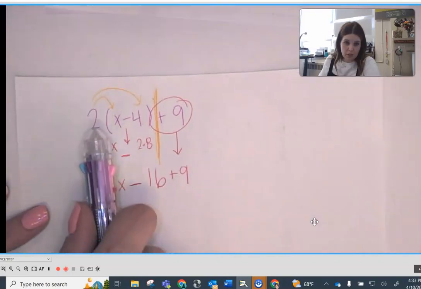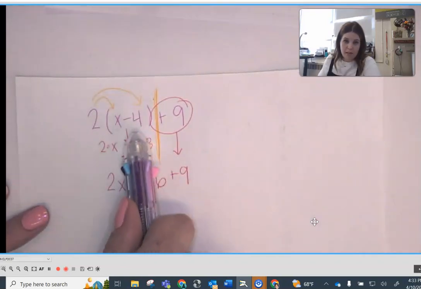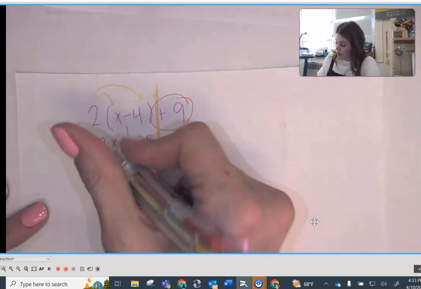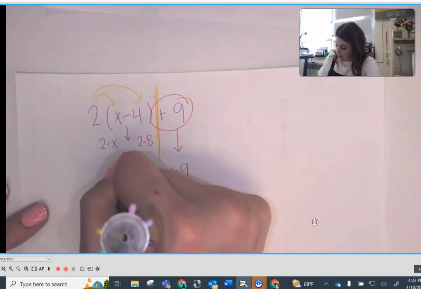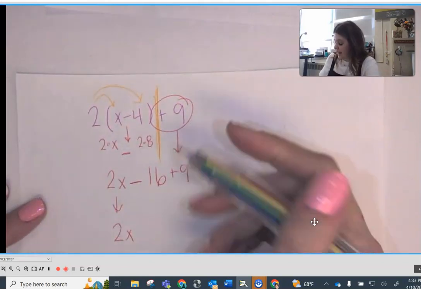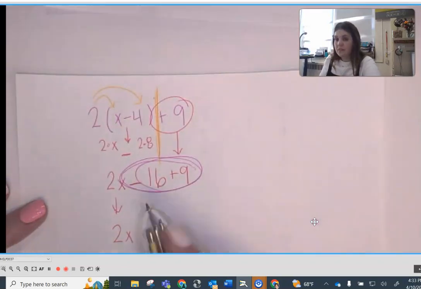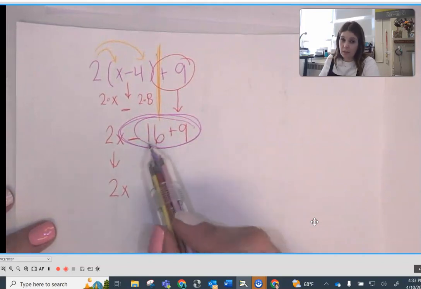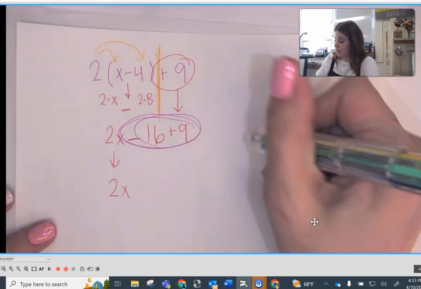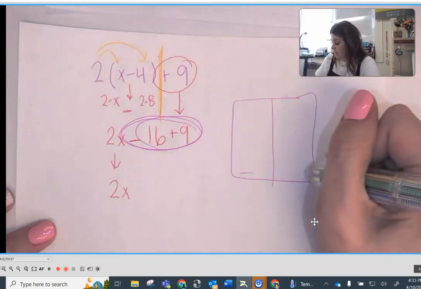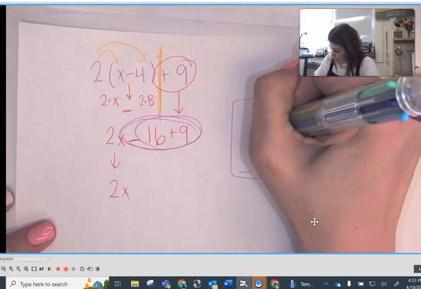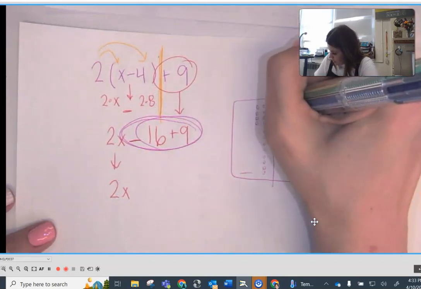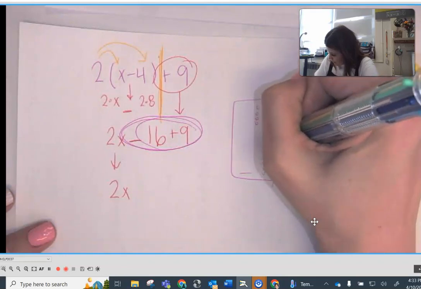So let me make sure I did this right. 2x minus 8 plus 9 on the outside. I'm going to keep this 2x, but now I need to combine a negative 16 plus 9. So in your calculator, you can plug in negative 16 plus 9, or you can do the positive negative thing where I draw 16 negatives, and 9 positives.